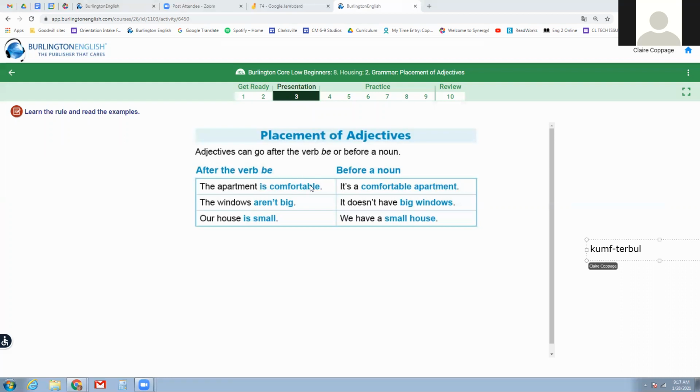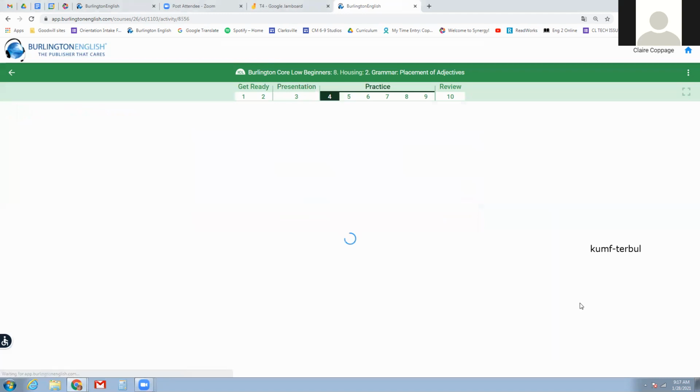Or we can use a different verb like have, for example, or we can refer to the noun as it, and then we put the adjective before the noun. So, for example, it's a comfortable apartment. It doesn't have big windows, and we have a small house. Okay, so we're going to practice these 2 ways of using adjectives today. So let's get started.